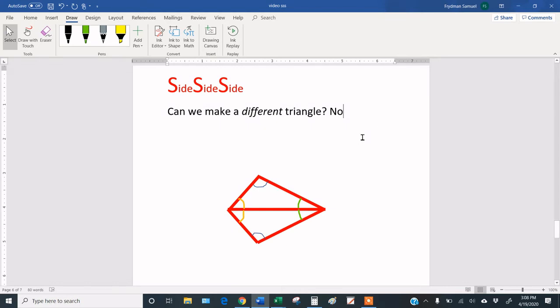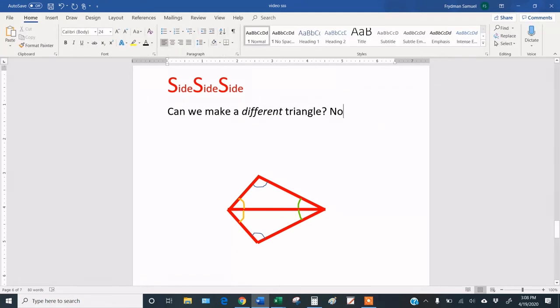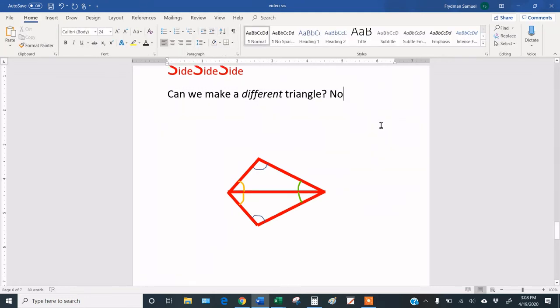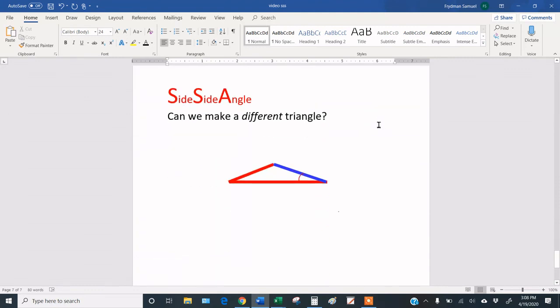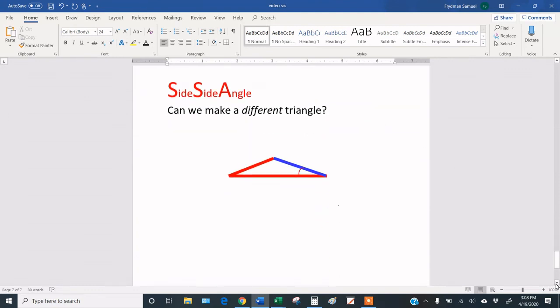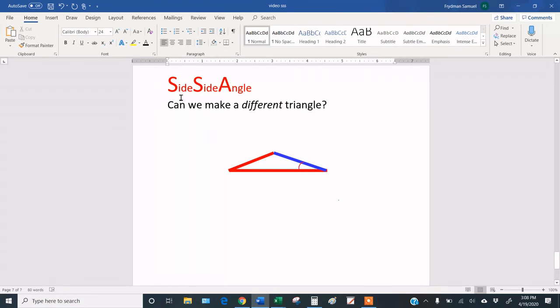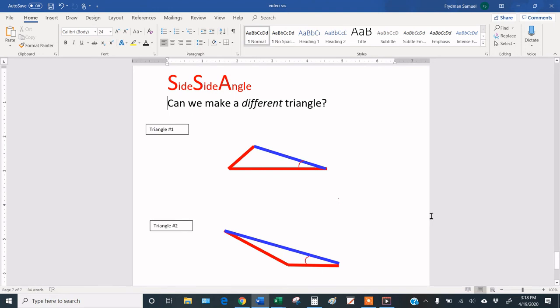All right. We're going to move on now to the last set of conditions, which are SSA conditions. And SSA stands for side-side angle. Now for this one, we're actually going to look at two different starting triangles.